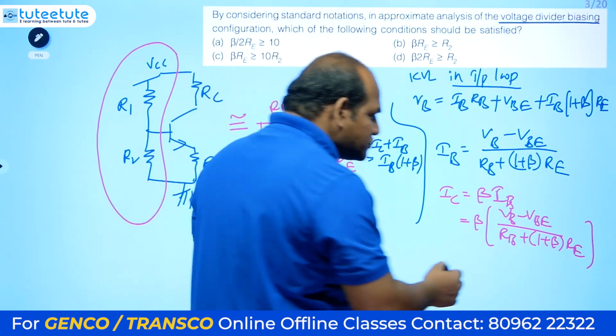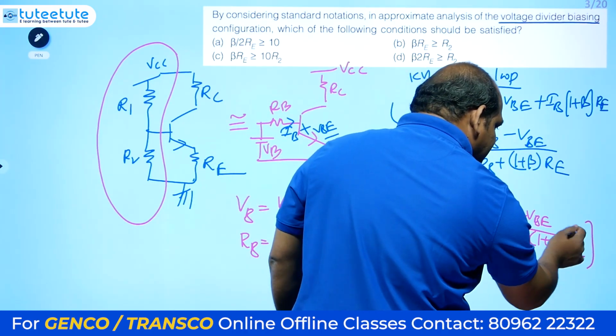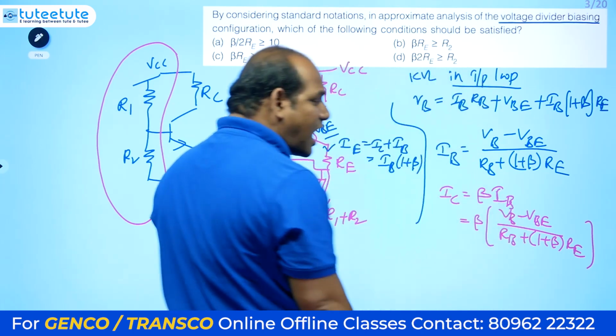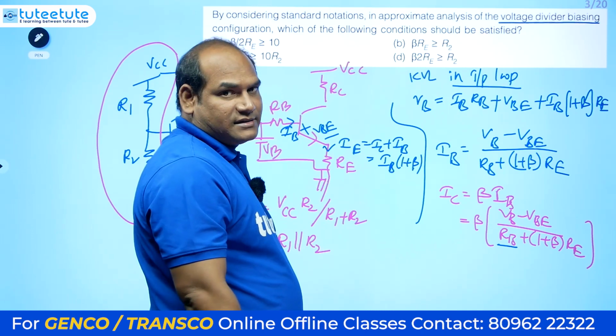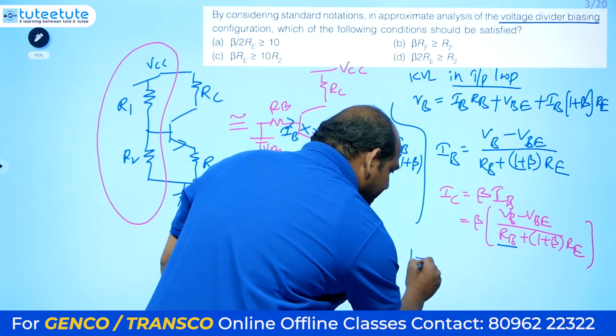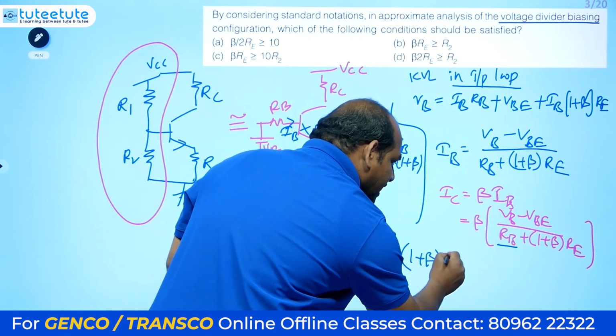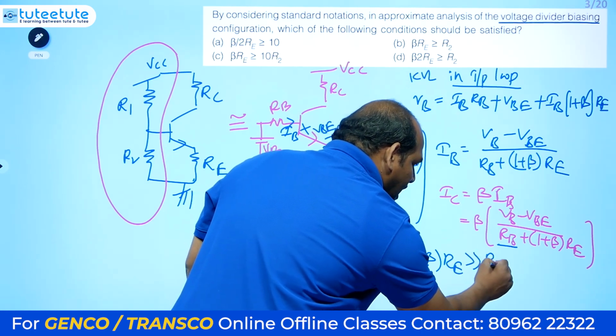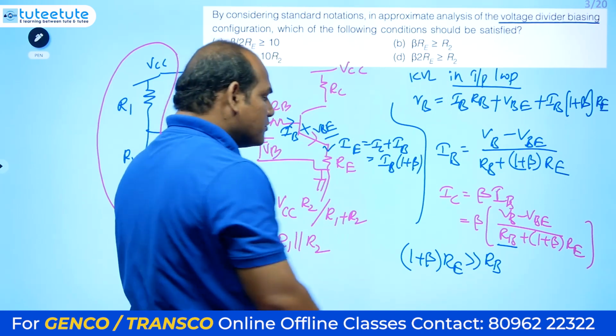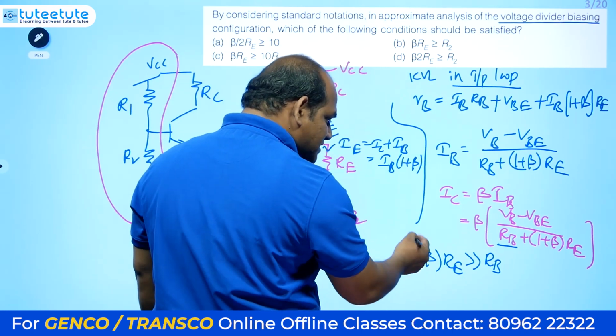That means I should have 1 plus beta times RE very much larger than RB. Then RB can be neglected. That means we need to take the condition 1 plus beta into RE is greater than RB. Beta is very large, so we can neglect the 1 also.